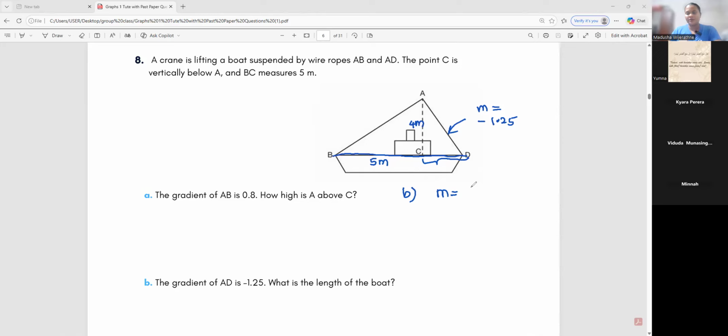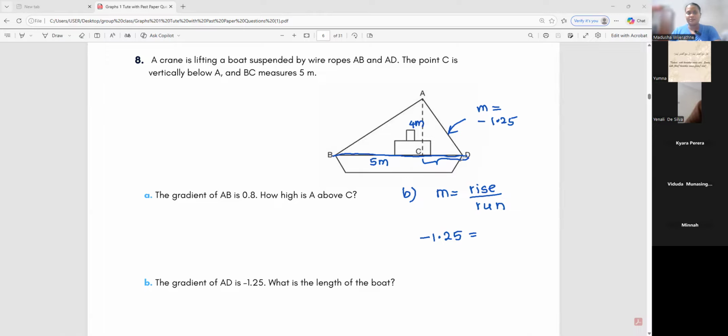Gradient is equal to rise over run. Minus 1.25, height is 4, run is CD. We are finding a length.